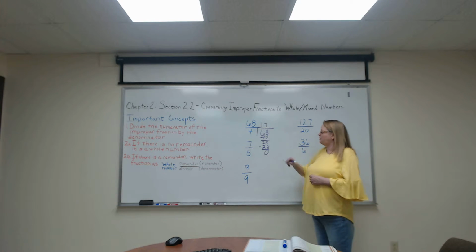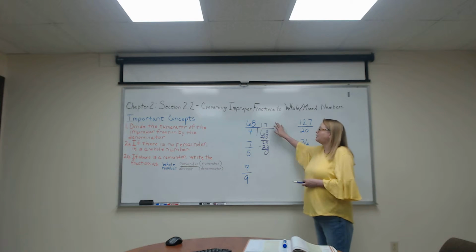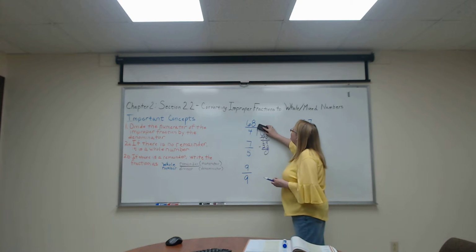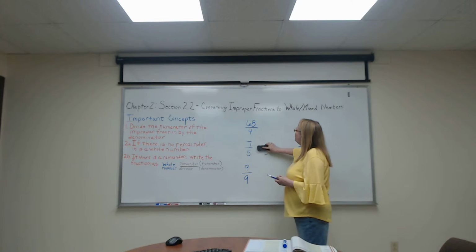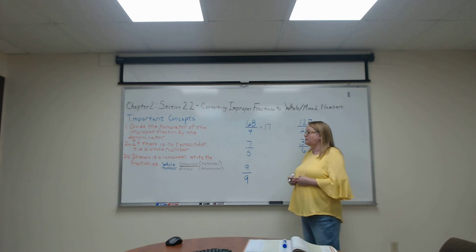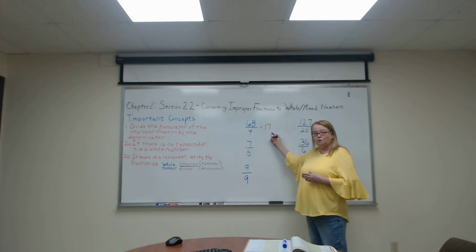So our answer for this problem is actually the number 17. So with this one, when we change this, our answer becomes 17. There's no remainder. Okay, it's a whole number.